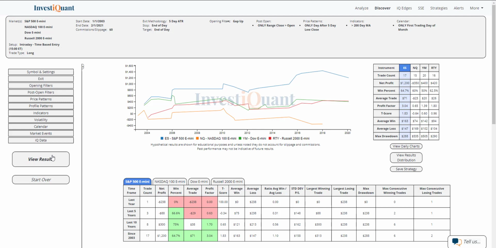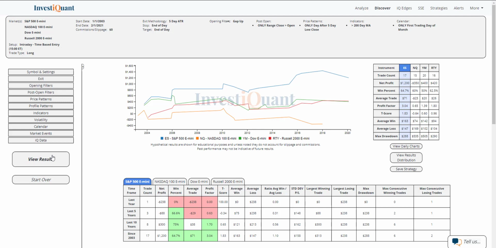That was the strongest one off the open as well. But that win rate that was 78% historically off the open is now down to 65%. So not quite as strong. The NASDAQ is at 60%. The Dow is now 50-50 here, and the Russell 63%. So as a group, they're still favored a little bit more to the upside, but the edge is not as strong as it was earlier on in the session.